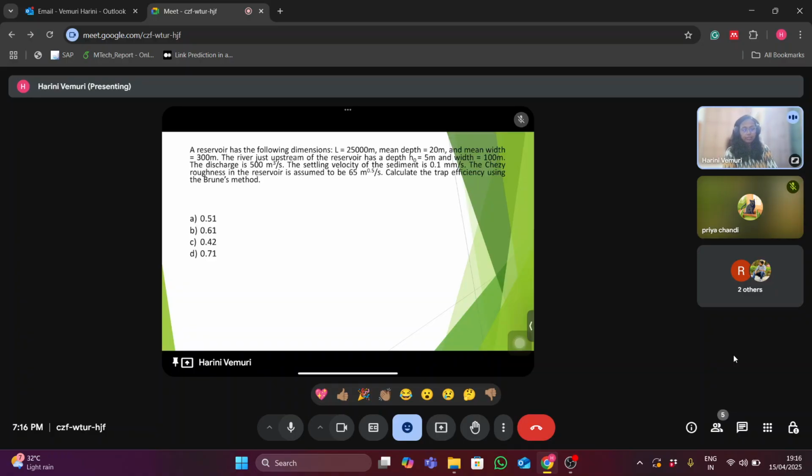Then for the same input data, they're asking us to calculate the trap efficiency using Brune's method. In Brune's method, the trap efficiency formula is (0.00085 + E/VW)^1.1 by (0.0085 + E/VW)^1.1. First we calculate V, the storage volume of the reservoir.